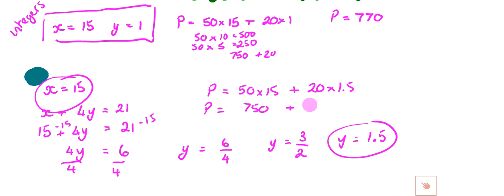Don't stare at me, do it. You would add 30. 1.5 lots of 20, one of them is 20, half is 10, so 30. And what does P come out as?